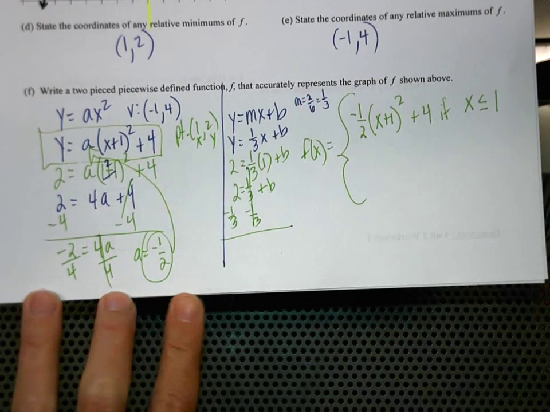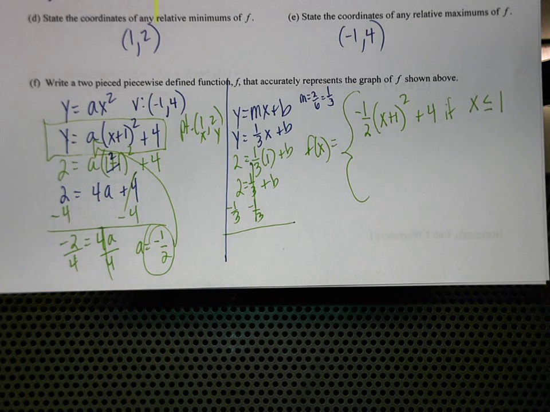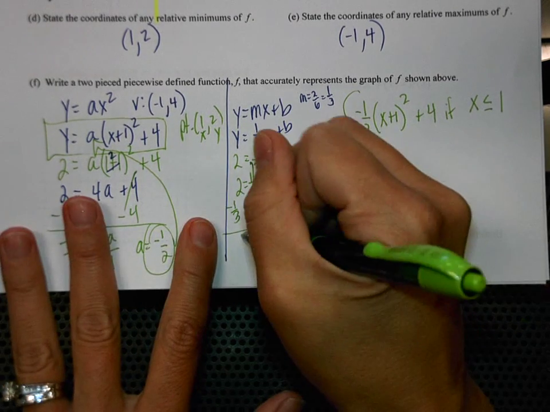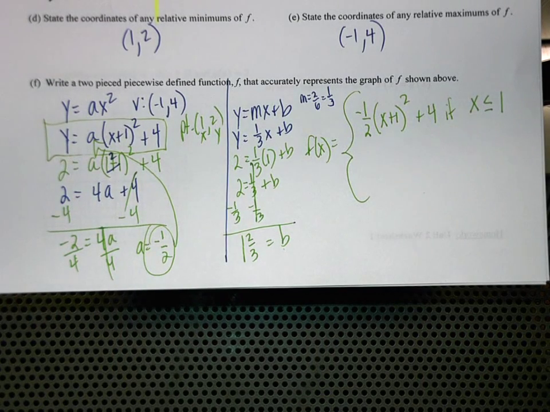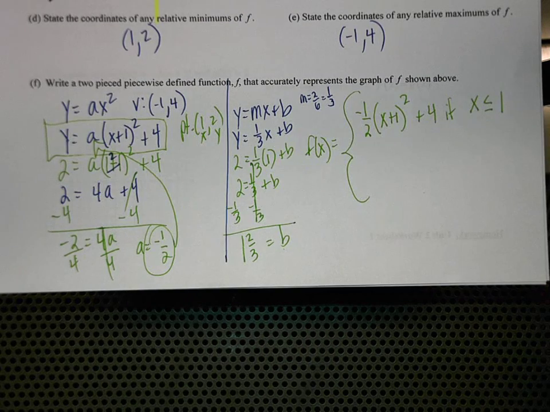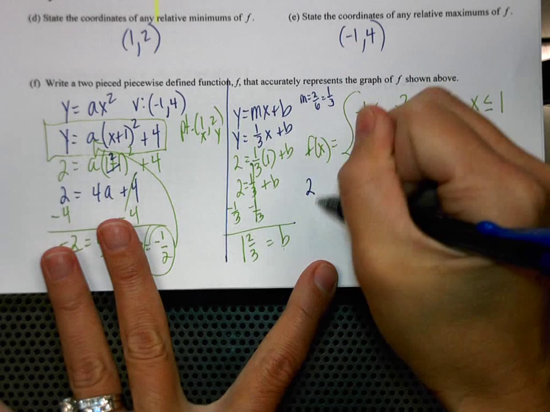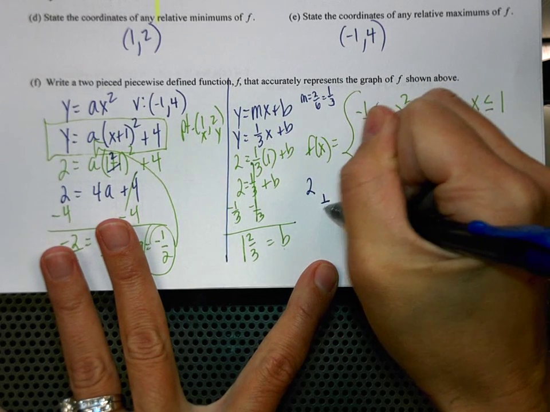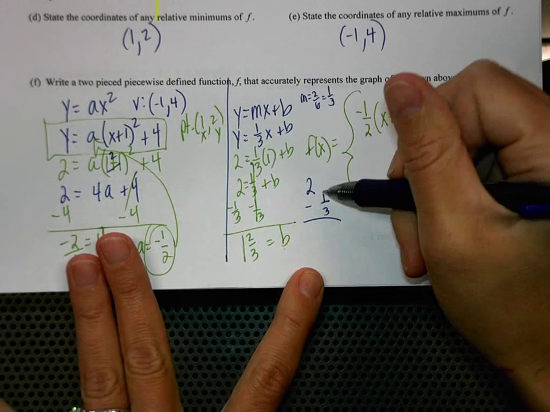Do you know what 2 minus 1/3 is? 1 and 2/3. 1 and 2/3 is correct. Does anybody not know how to do that? Okay, so there's a couple ways of doing this, but if you have a whole number and then your fractions, think of them in different columns. So it's like I have to borrow.